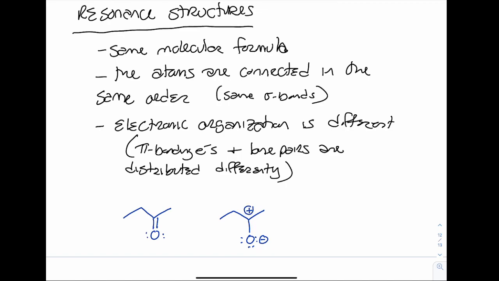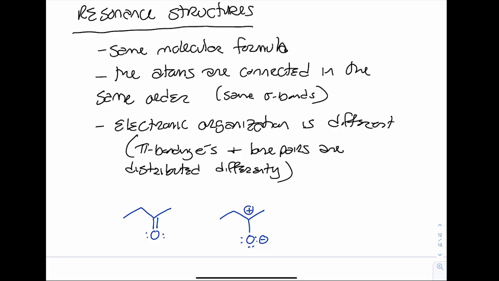So the relationship between these two, do they have the same molecular formula? They do. They both have 4 carbons and 1 oxygen, and if you were to count the number of hydrogens, they're going to be the same. Are the atoms connected in the same order? I have a chain of 4 carbons, and then the second carbon from the right is bonded to an oxygen. So yes, my atoms are connected in the same order.